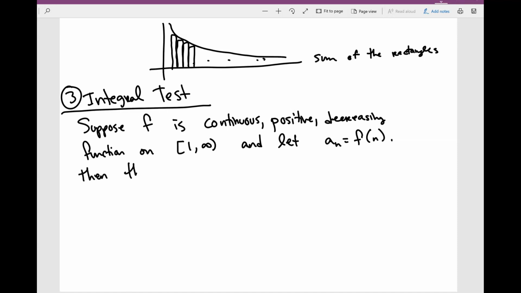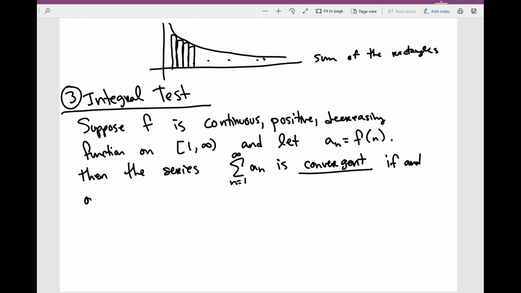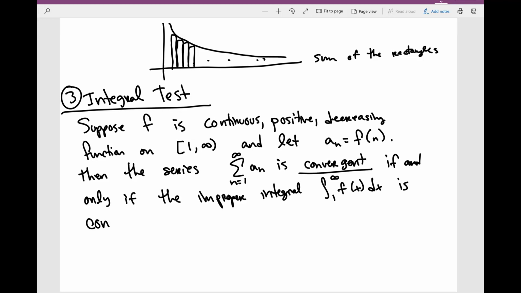Then the series, the sum from n goes from 1 to infinity of a sub n, is convergent if and only if the improper integral, the integral from 1 to infinity of f of x dx, is convergent.